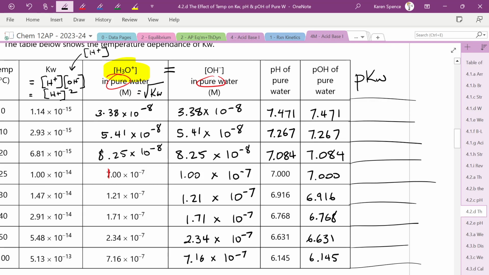No. So if we have 7.471, we would have 14.942. 14.534. 14.168. 14.000.